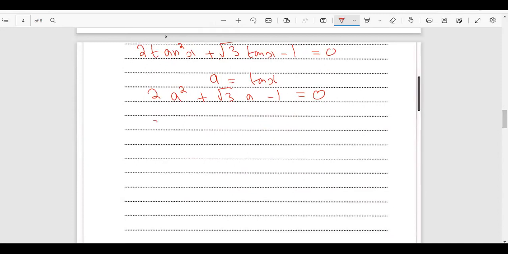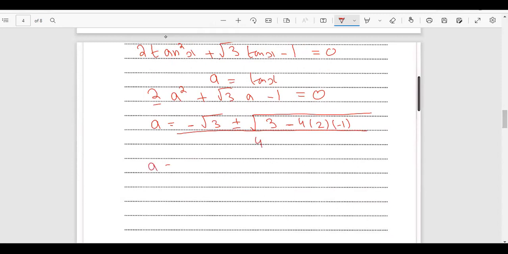So a is going to be minus b plus minus under the root b square, that would become 3, minus 4 times the coefficient of a, that is 2, into minus 1, divided by 2 into a, that would be 4.